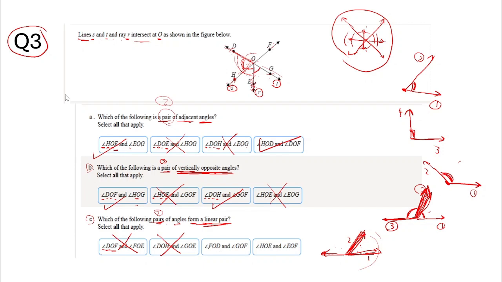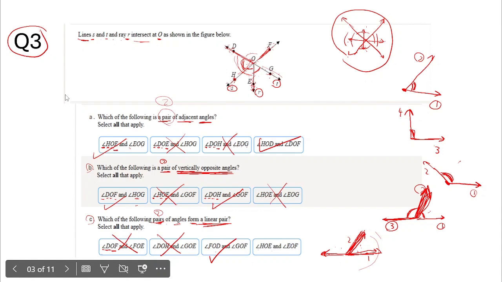Okay, FOD. This is angle FOD, and GOF. FOD or DOF with GOF or FOG. Okay, they have a common ray and the other rays are in opposite directions. That means this answer is right.